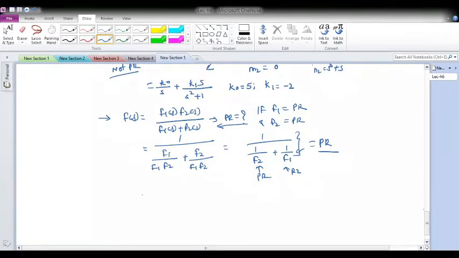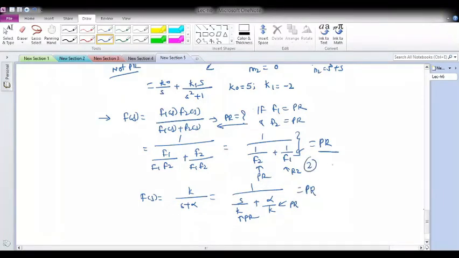Okay, so for example, F(s) is say k upon s plus alpha, so that also you can write as 1 over (s by k plus alpha by k). So this is PR, and obviously this is also PR. Okay, so total function will be PR.